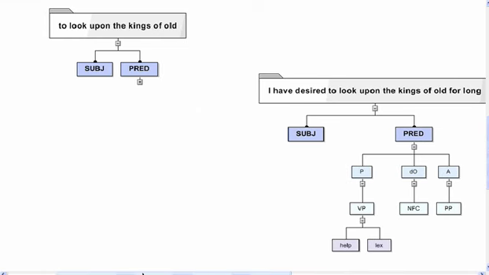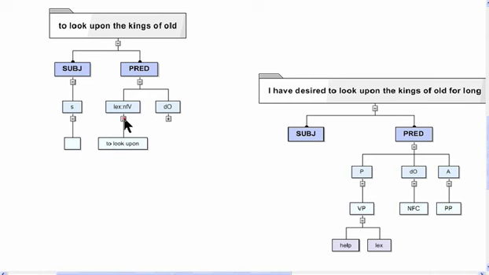Remember, once again, it's a non-finite clause. It could have had the potential to be a finite clause. So the subject is once again empty. And so there's nothing there. That's empty. And in the predicator, we have, now it's to look upon. This is an older usage. This is, as you might have read in chapter 5, one of these phrasal verbs.